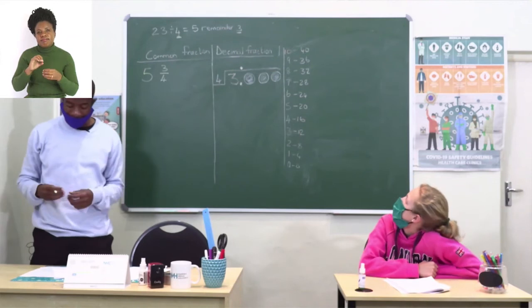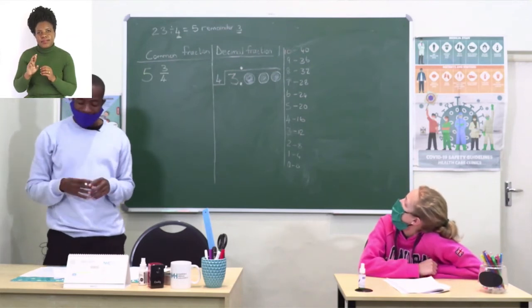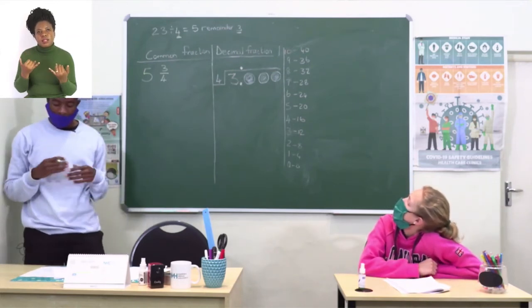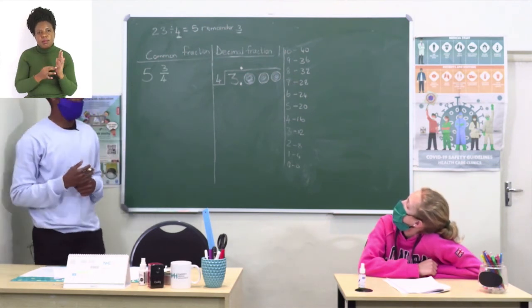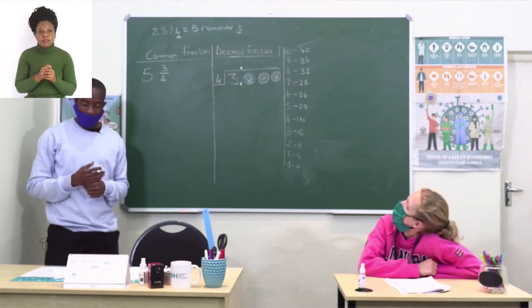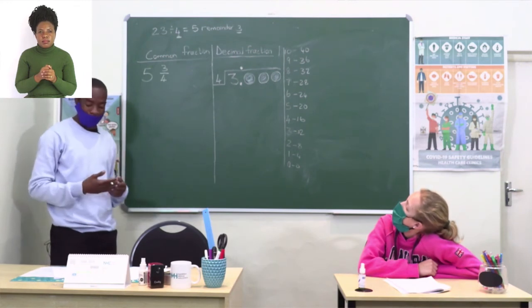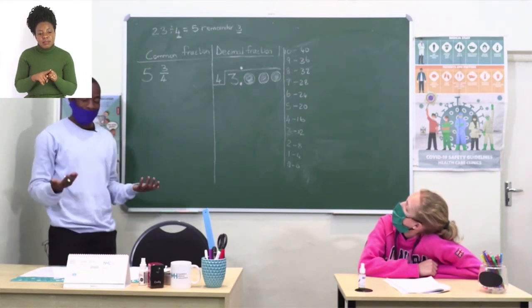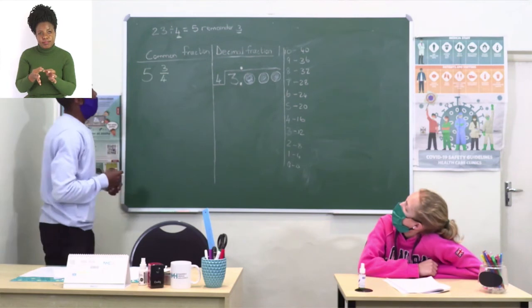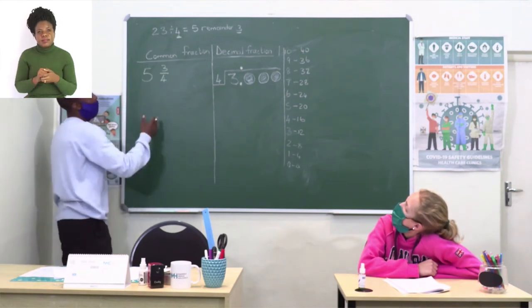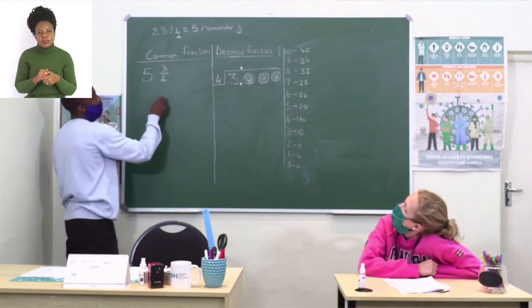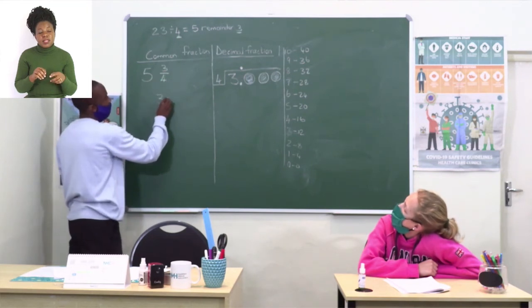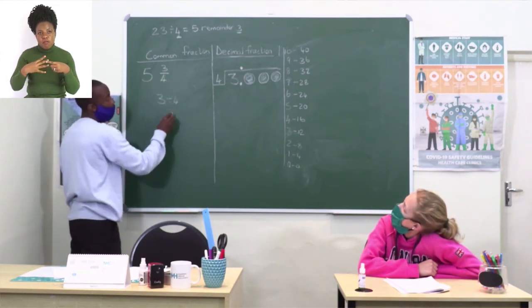Okay, now the next part. How do I write the same as a decimal fraction? As I showed you before, you divide. If you go back to this common fraction answer, this simply means 3 divided by 4.